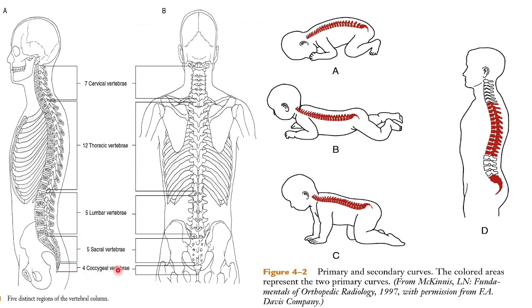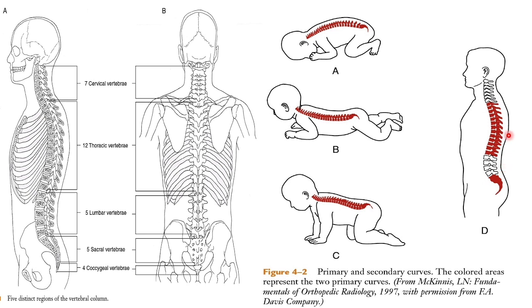Coming to the primary and secondary curves of the vertebral column, there are 2 types of curves. The primary curves retain the original posterior convexity throughout life.